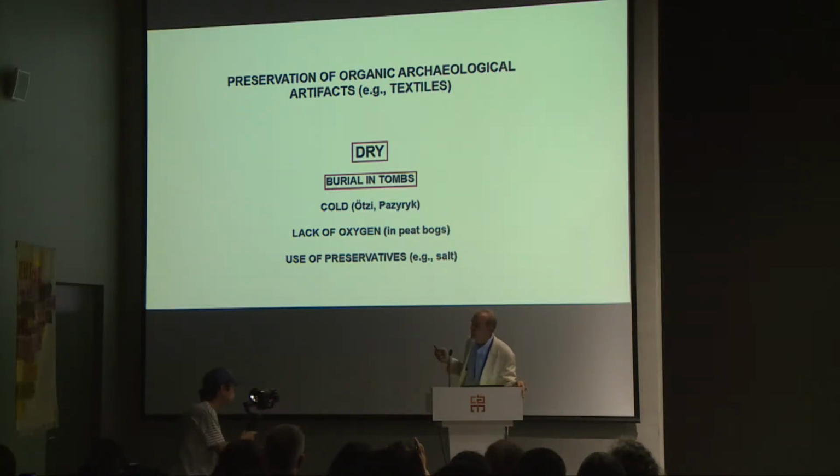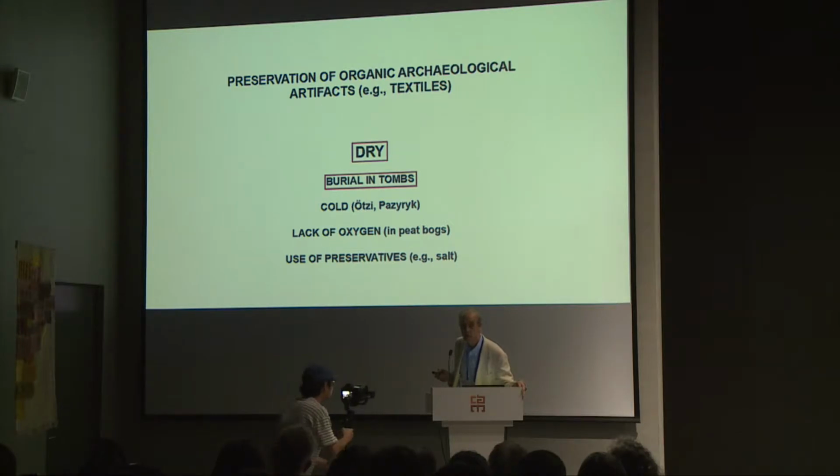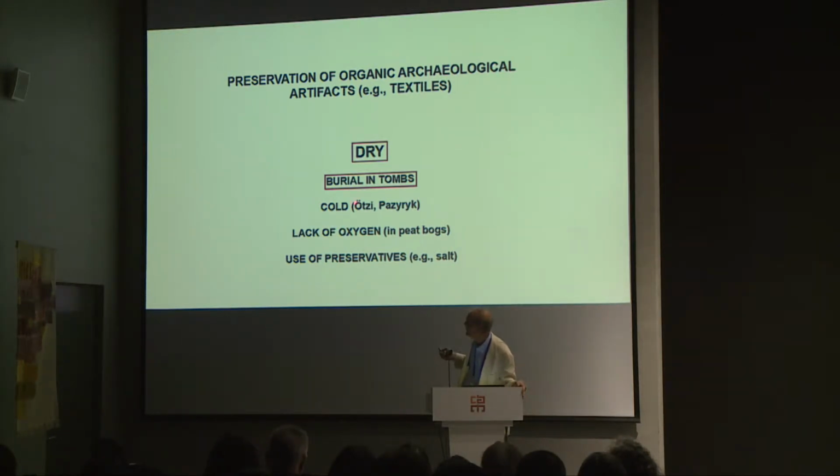Now, looking for dyes or textiles is sort of the same as if you're storing meat. You want to keep it dry or cold. There are a few cases where materials have been frozen in ice, or you can have lack of oxygen because microorganisms need oxygen.